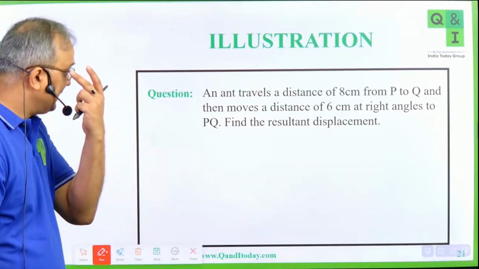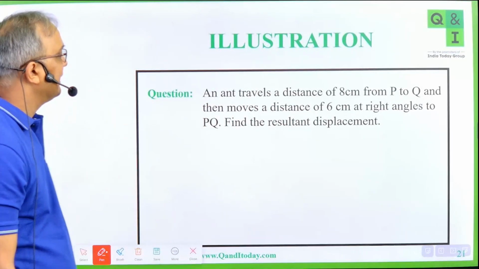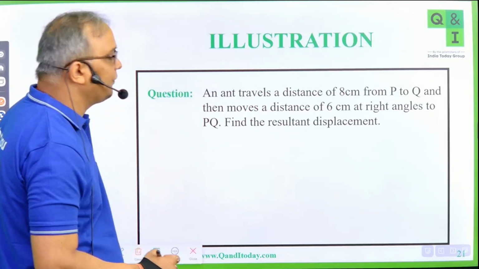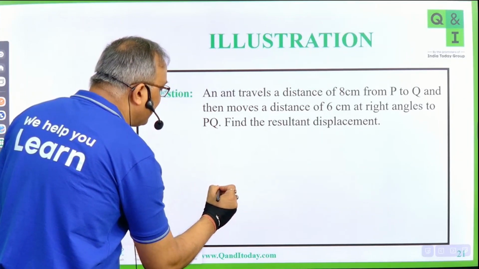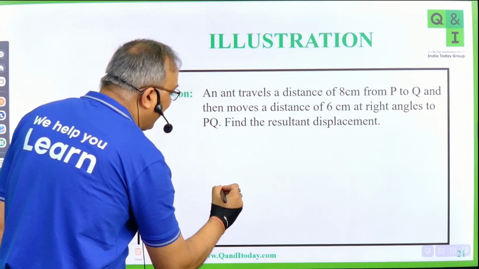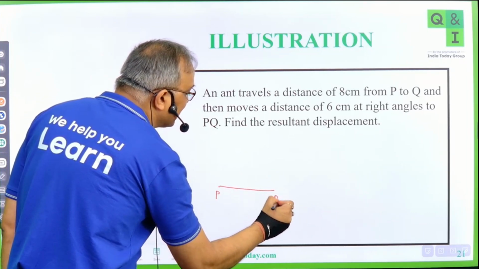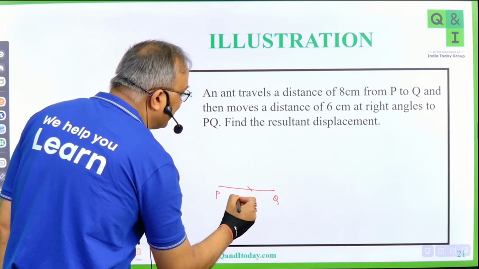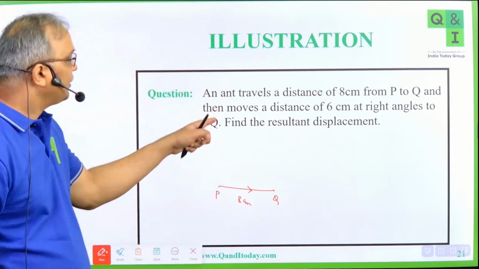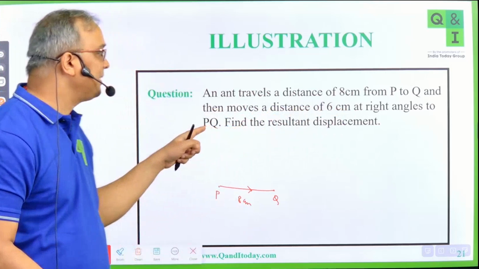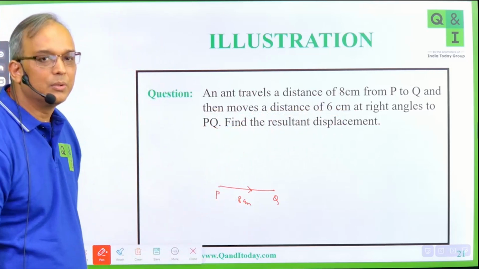So let's see the question. What does the question say? An ant travels a distance of 8 centimeter from P to Q. Let's say this point is P and the ant travels from P to Q, and this distance is, let's say, 8 centimeter. Then it moves a distance of 6 centimeter at right angles to PQ, right?